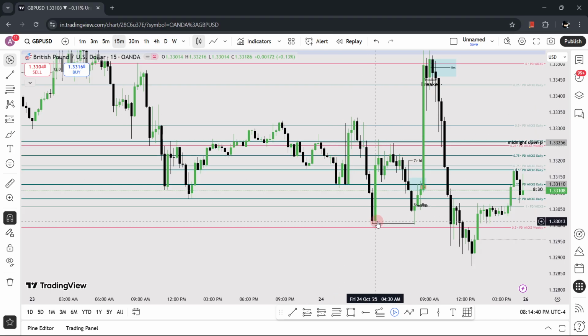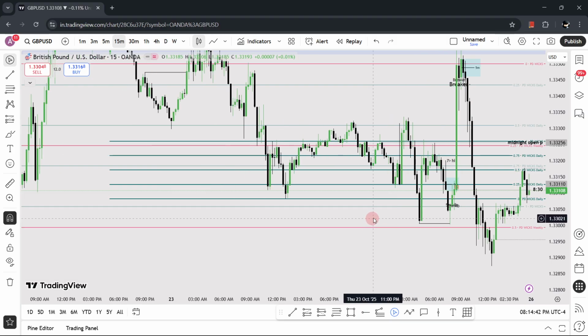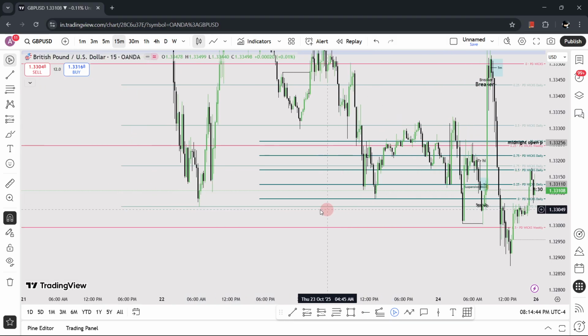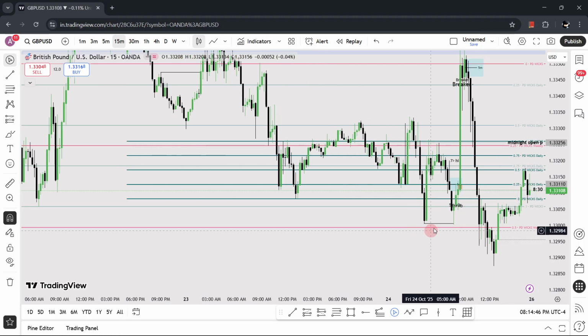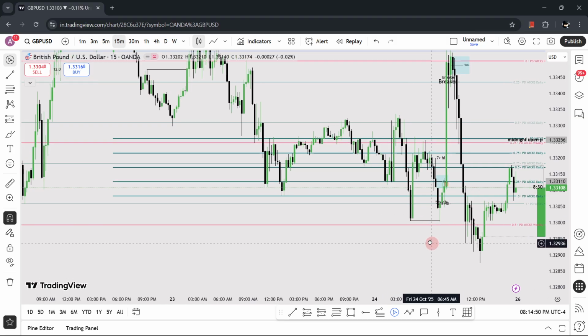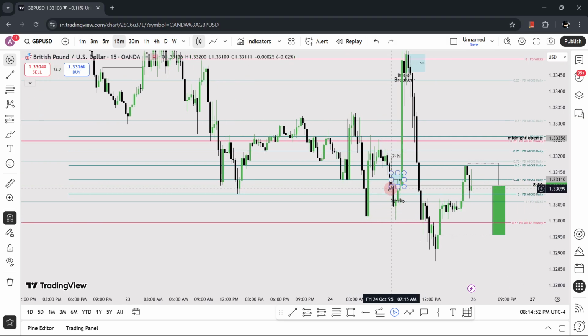This particular low that London created was able to take out the 2 days' low. So that's a huge bunch of liquidity for the buy sides here. After New York open, around 7 o'clock, market came to take out this sell side liquidity.